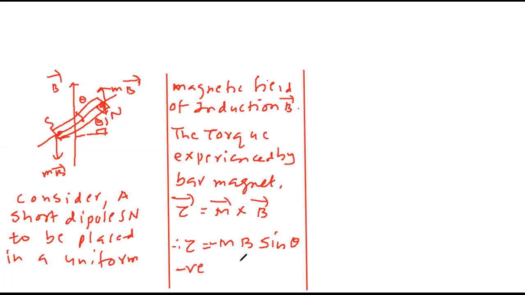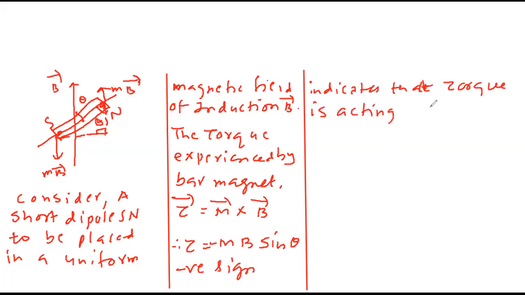Negative sign indicates that torque is acting opposite to the angular displacement.